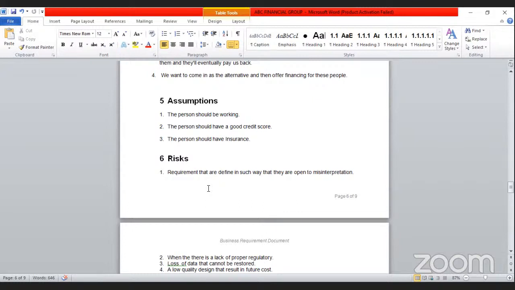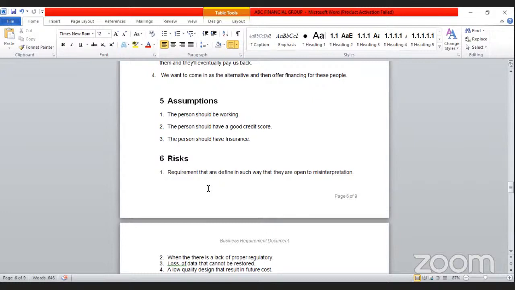Okay, yes. From what I remember during the elicitation, the stakeholder told us it doesn't matter if the person was working, as long as they had a good credit score. Yeah, that's what I remember.